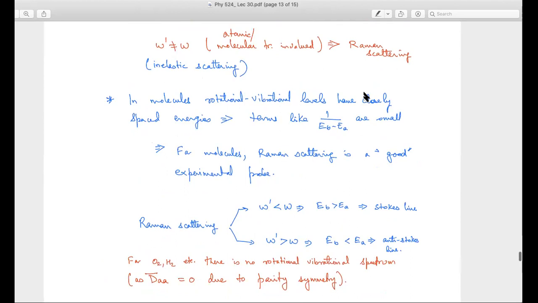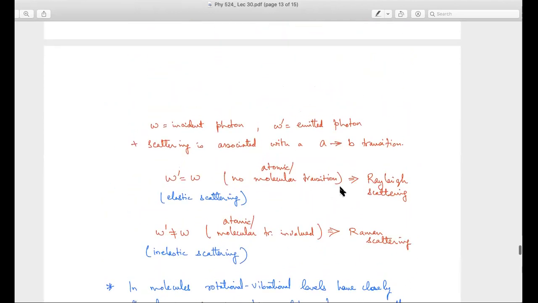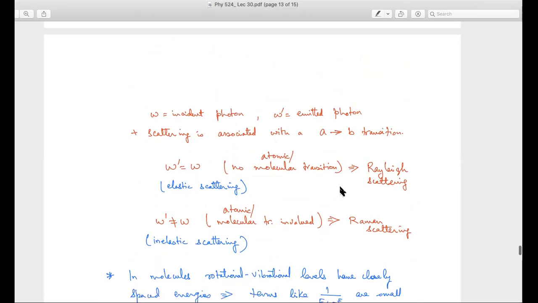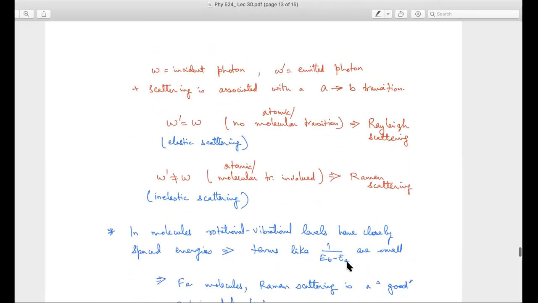And then it turns out that in this kind of molecular systems, this Raman scattering plays a very important role. Because if you remember in the dipole matrix element calculations, we got these terms in the denominator like EB minus EA, the energy difference.